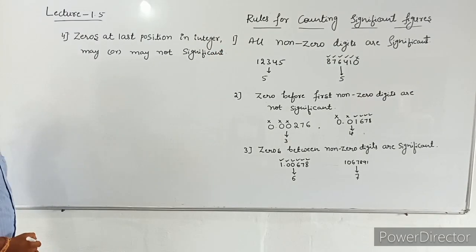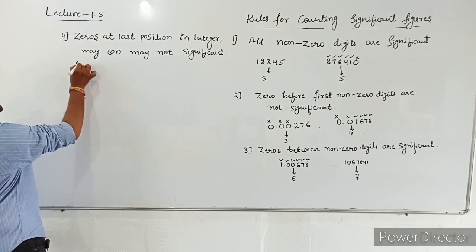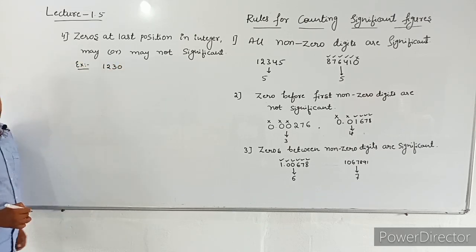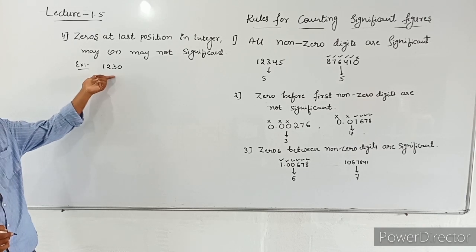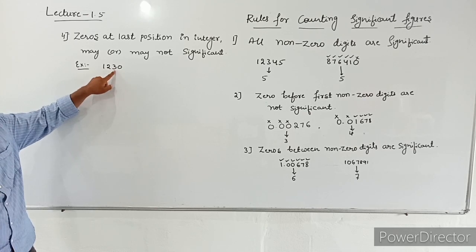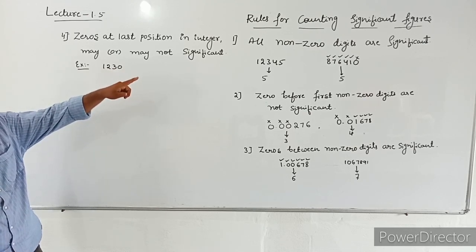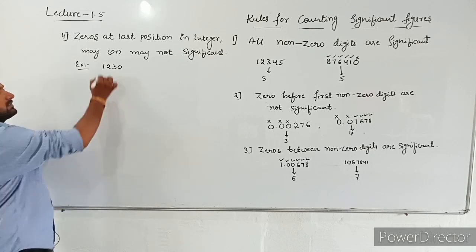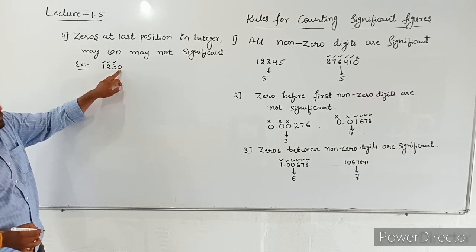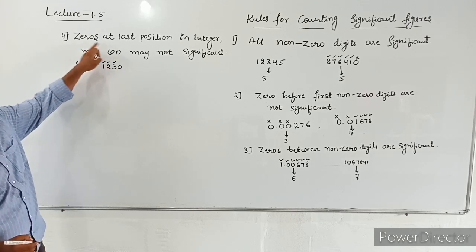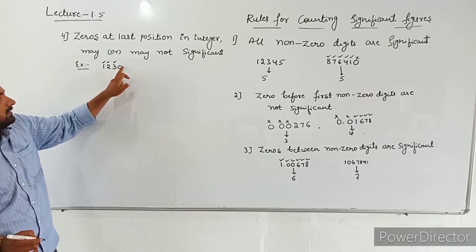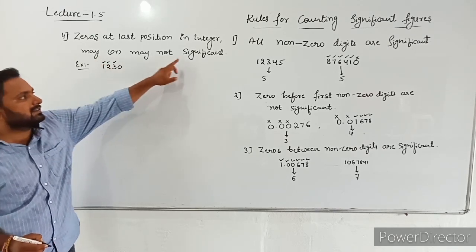Now let us take one example. 1, 2, 3, 0. Now tell me how many significant figures are present in this number. 1, 2, 3: according to the first rule, all non-zero digits are significant. Yes, this is significant, this is significant, this is significant. Okay, what about this 0? If zeros are present at the last position in an integer, then the zeros may or may not be significant.